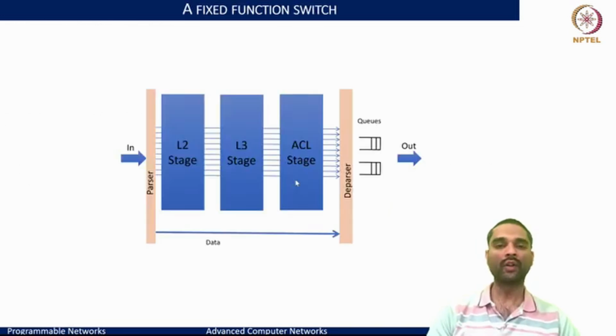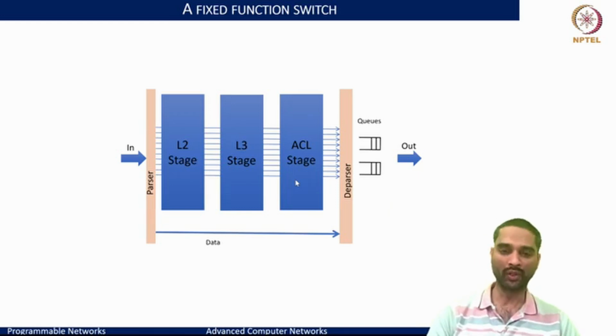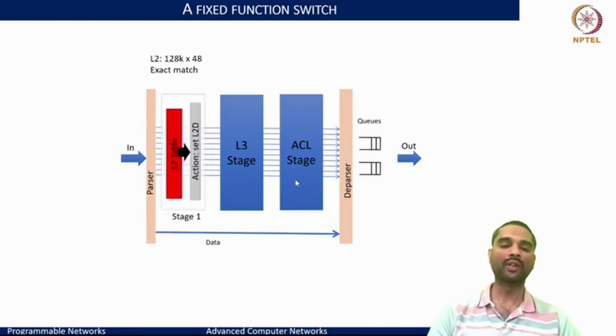But when we look into this in a deeper view, what we can see here is a simple 3-table entry that is being set up, and as the packets come, you would want to do stage 1, that is maybe a layer 2 table, trying to check for layer 2 data, match on the layer 2 source MAC, destination MAC, type, and try to do specific actions like set the layer 2 destination.